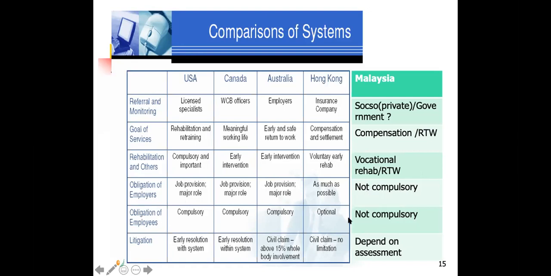Masih ada lagi kekurangan di Malaysia ni, tak ada akta atau guideline yang mewajibkan employer refer dia punya pekerja for rehab and return to work. So this is the scenario in different country, USA, Canada, Australia, Hong Kong, and Malaysia.